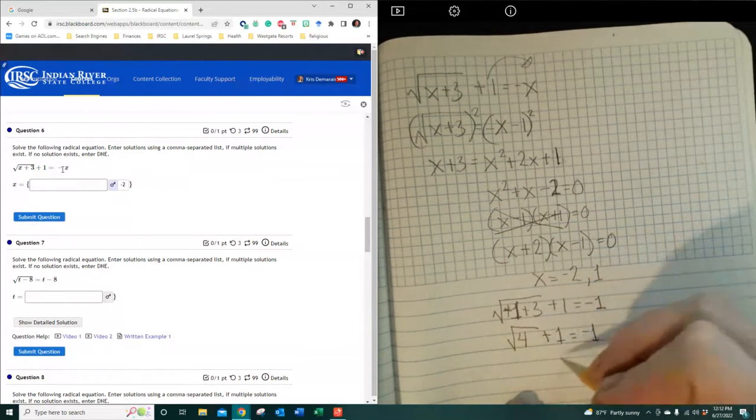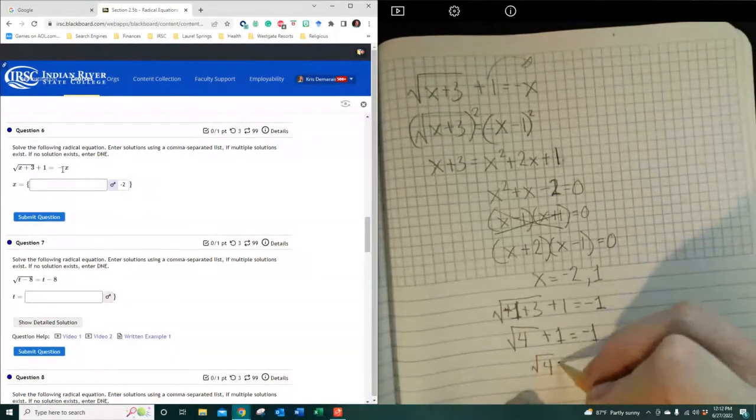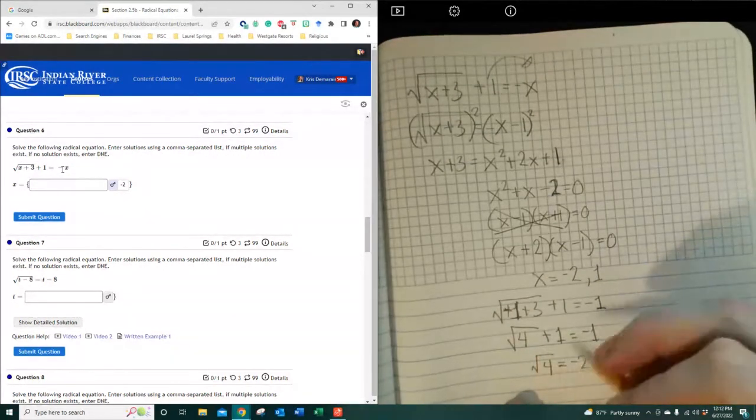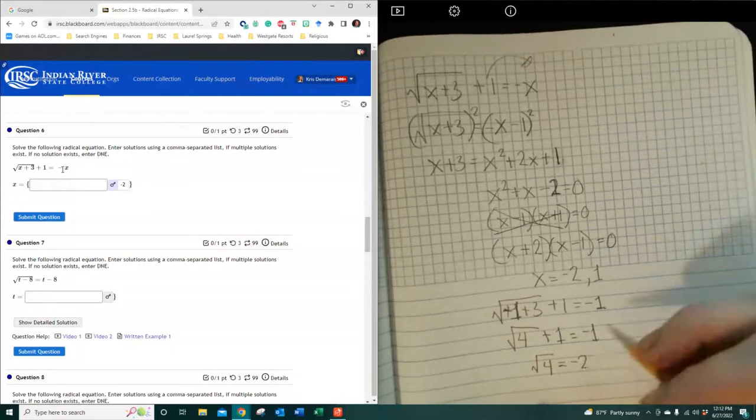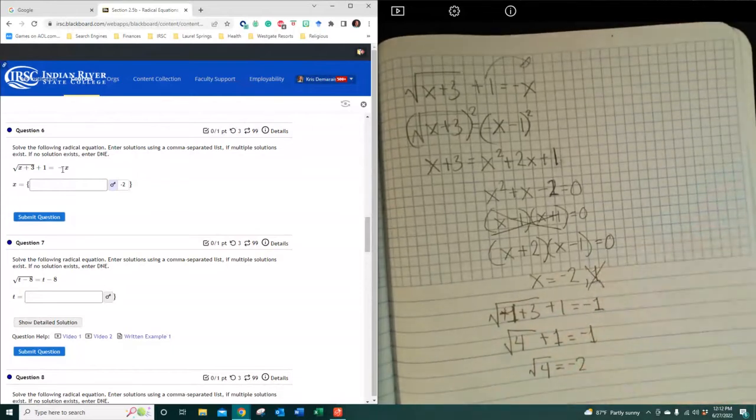And when you subtract 1 from both sides, you're going to get square root of 4 equals -2, and there's no way that that will work. So that number right here, 1, will not work. Therefore, we throw it out. And then we're given the value of -2. And that's the answer we're looking for.